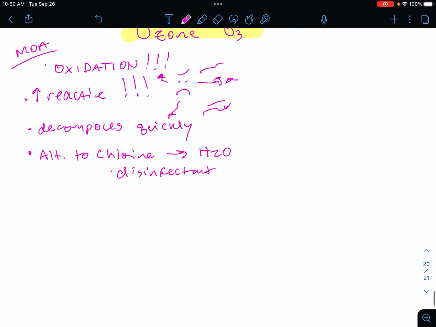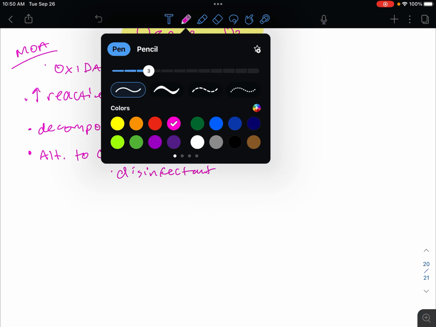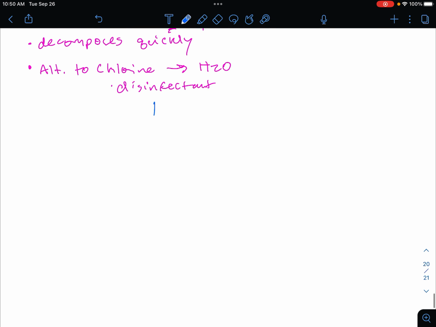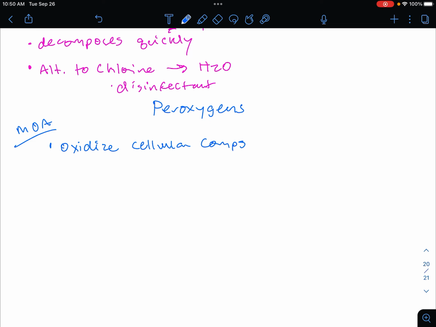Let's talk about peroxygens. These might seem a little bit more familiar. The mode of action is to oxidize cellular components. And of course, this would make them sterilants.